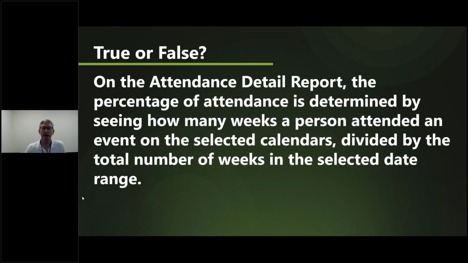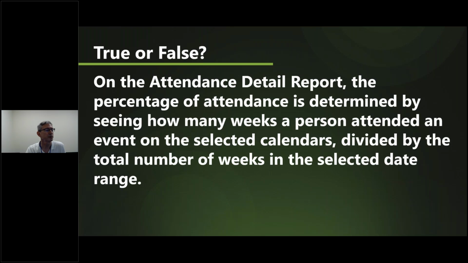This one you might have to give a little thought, but true or false: on the attendance detail report, what we were just showing here at the end, the percentage of the attendance is determined by seeing how many weeks a person attended an event on the selected calendar, and you divide that by the total number of weeks in the selected date range.